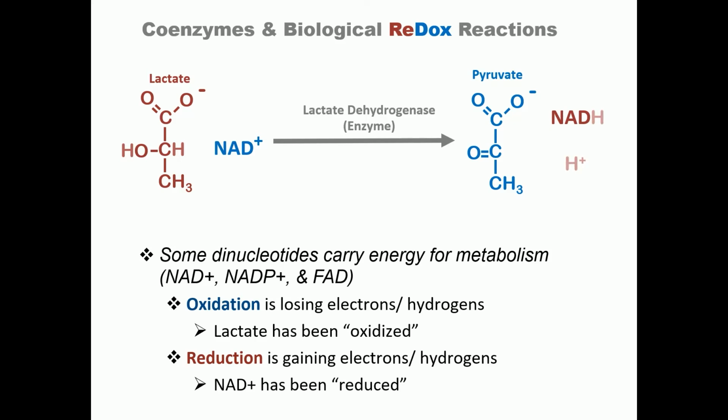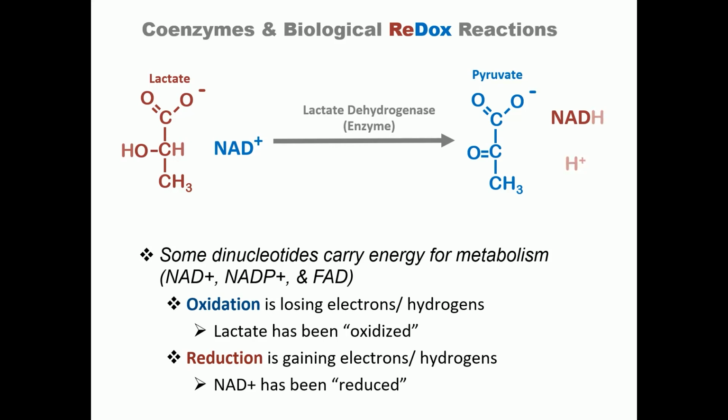You don't know about NADH yet, but when we get to cellular respiration, these are going to be a big deal. So, what's happened here? Lactate has been oxidized in this equation. It's been oxidized to pyruvate. NAD+ has been reduced to form NADH. NADH is the high energy form of this coenzyme, right?